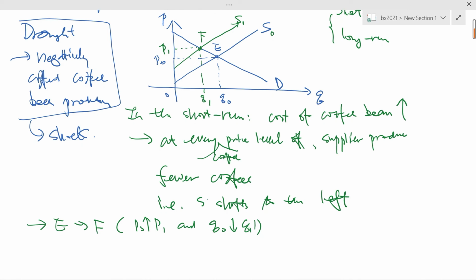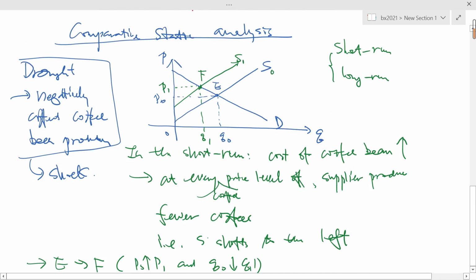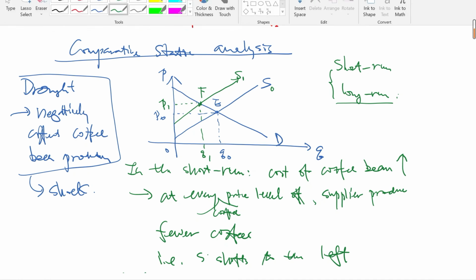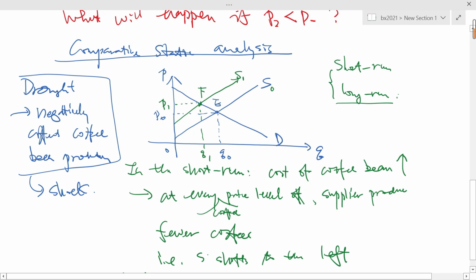In the long run, as time goes by, the drought might be over. So coffee bean production goes back.